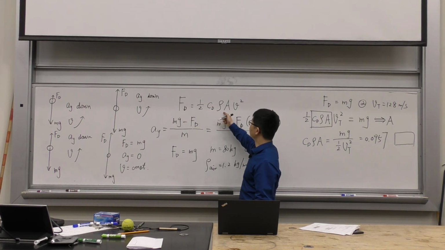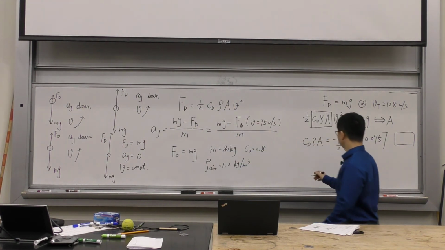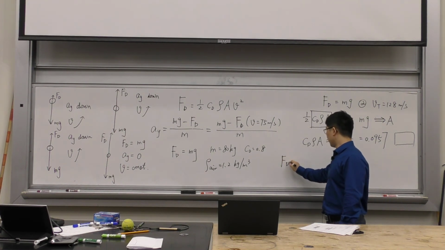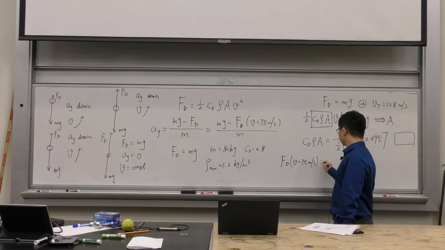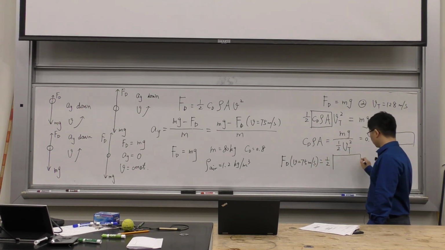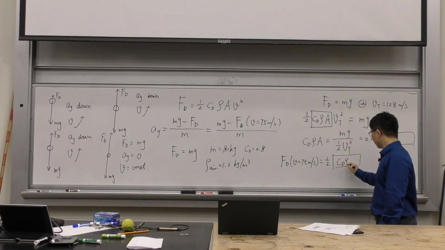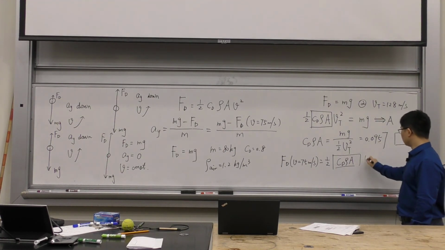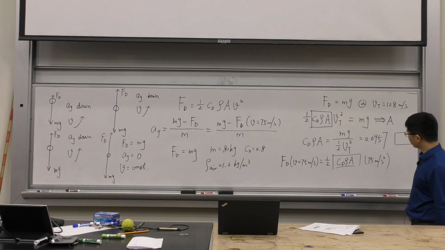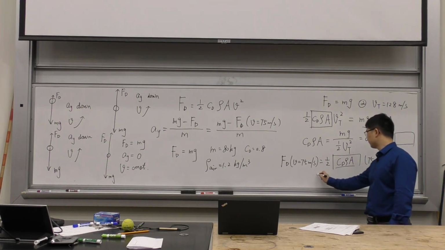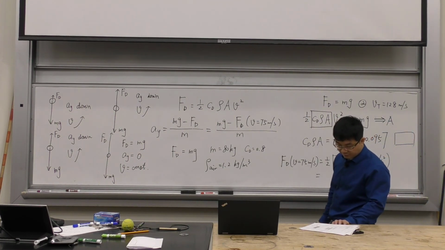You see that I only need this whole thing multiplied by V squared and 1/2. So the air drag at 75 meters per second is going to be 1/2. Now I'm going to just plug in CD rho A as one parameter and then 75 meters per second squared. So you see that makes my algebra easier than finding A.